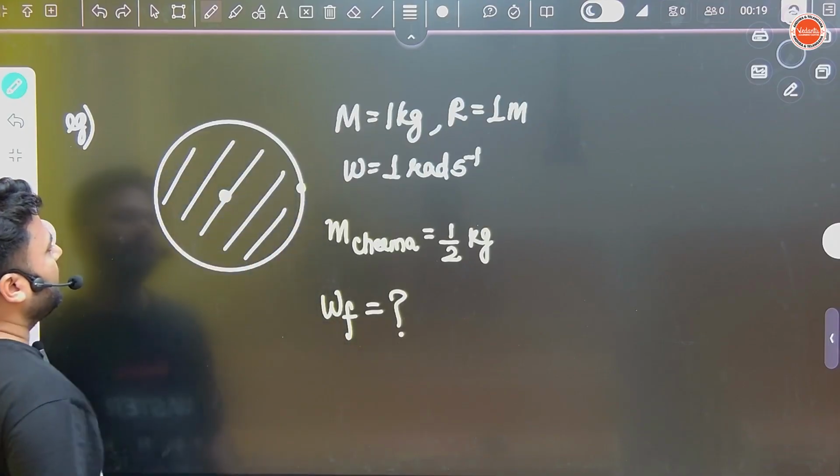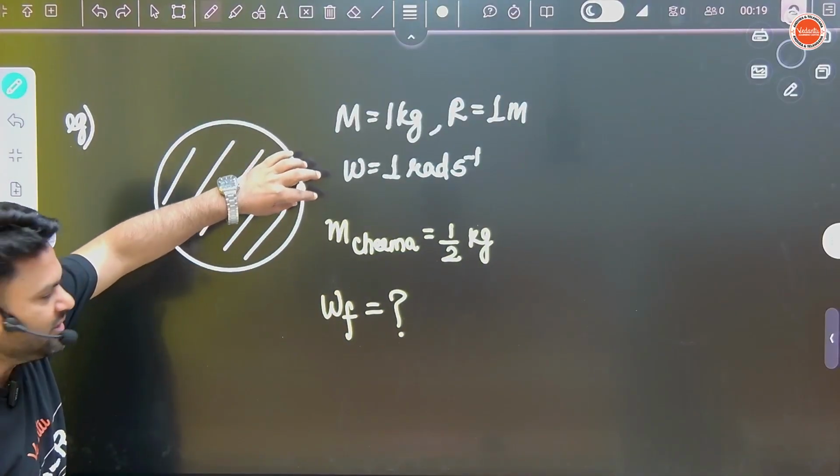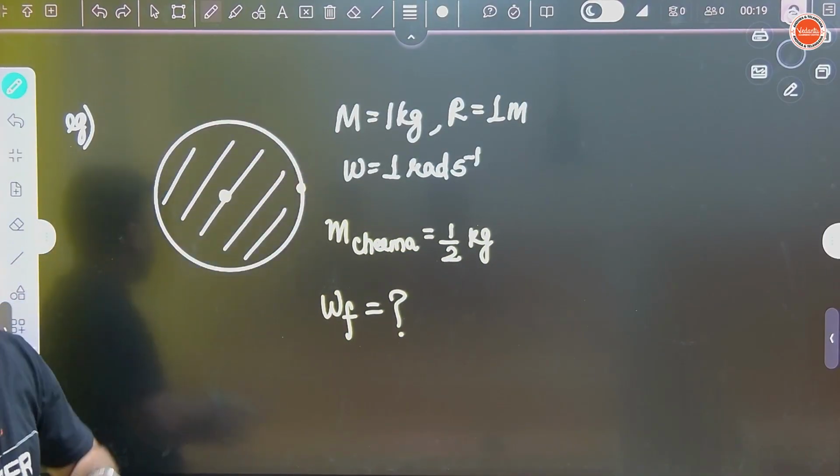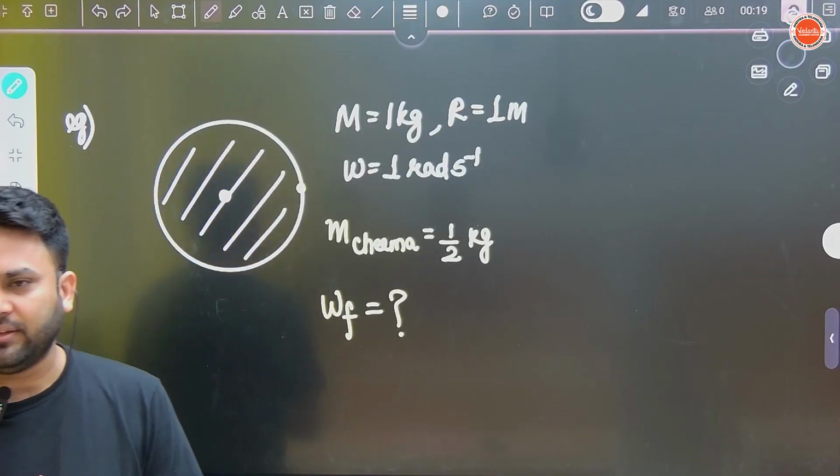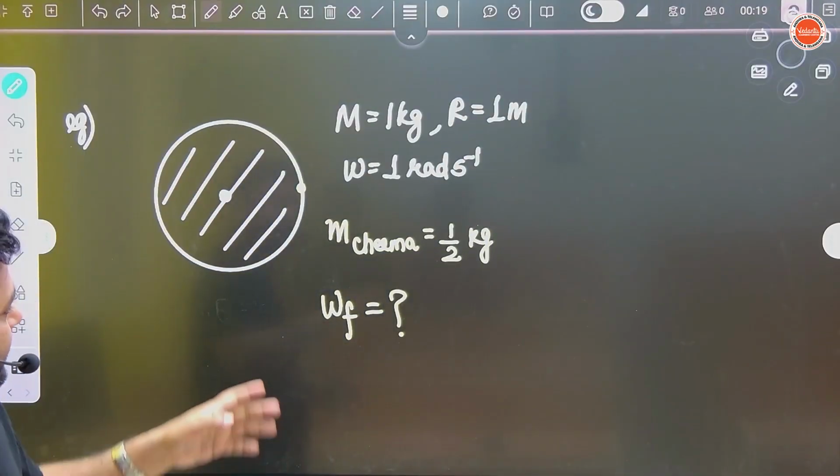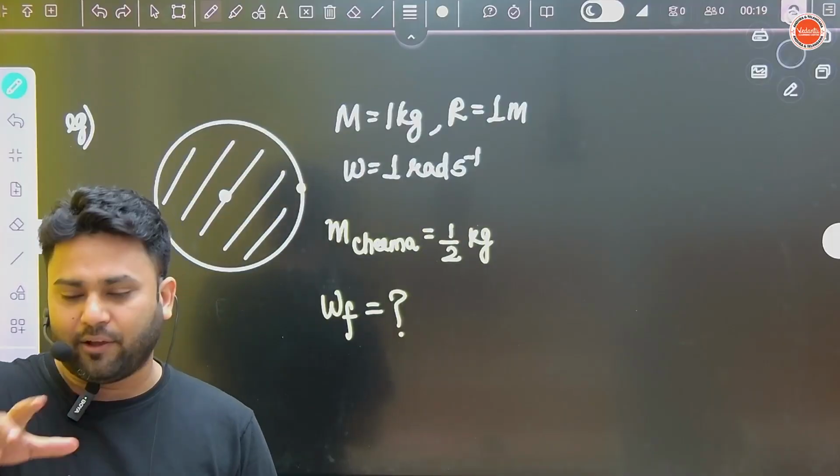Final angular velocity means, now if I put it gently, chima will also rotate with the CD. Right? So what will the final angular velocity be? Chima is heavy, not very light, half kg.